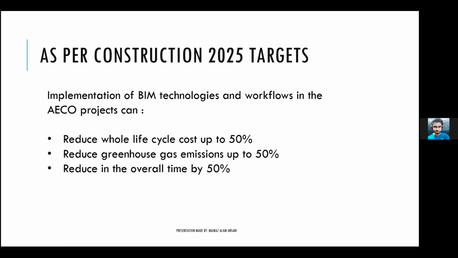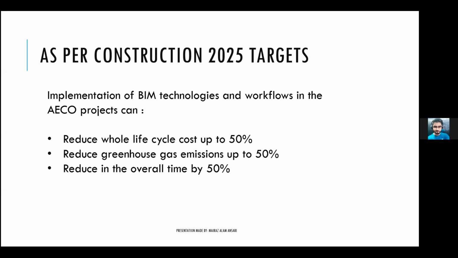So there is an opportunity of constructing everything within those 4 years. Let's understand a few things. What are the advantages of BIM? These are complete facts, and you can also check them on the India BIM Association page, one of India's institutes of BIM. It says that after implementing BIM, you can reduce the complete life cycle cost by up to 50%. That means the complete life cycle of the project, from the very initiation to the demolition, in terms of time and cost.